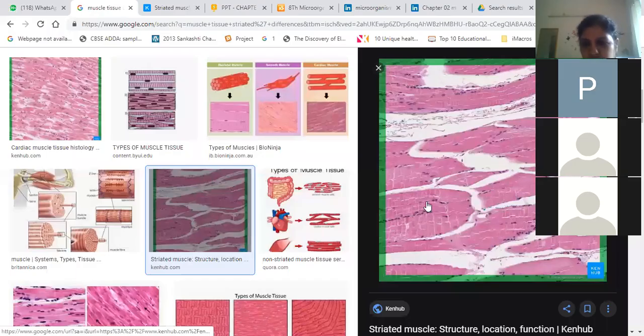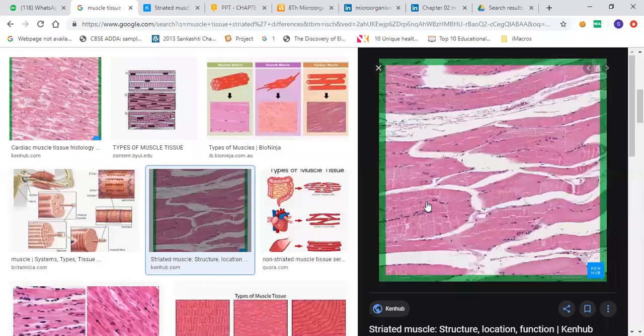Are you able to see, this is a microscopic structure, here in the right-hand corner? Yes, ma'am. So you can see this is the structure.